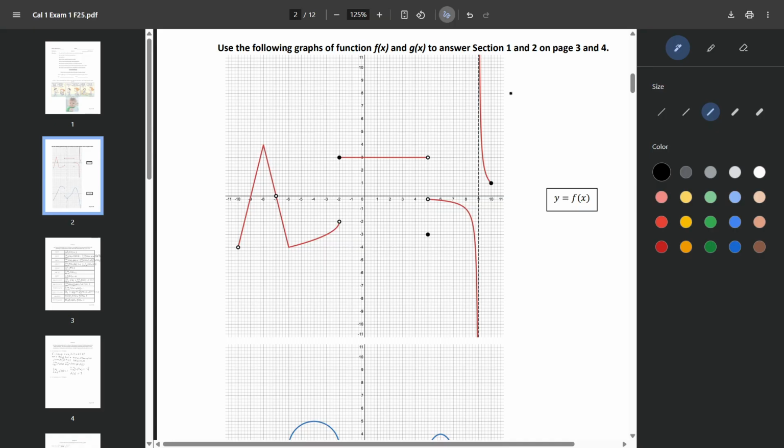And so these two sides are not approaching the same value, and there is no value for f of 9.